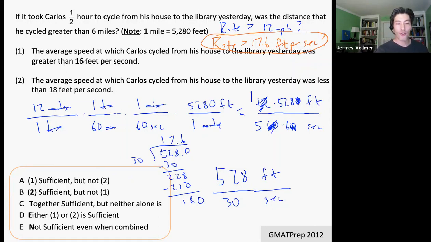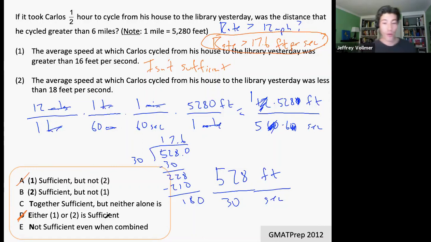There are some values greater than 16 that are greater than 17.6, and there are some values that aren't. So this isn't going to be sufficient. Okay, statement 1 isn't sufficient. It's not specific enough information. So answer A is out, and answer D's got to be out as well.